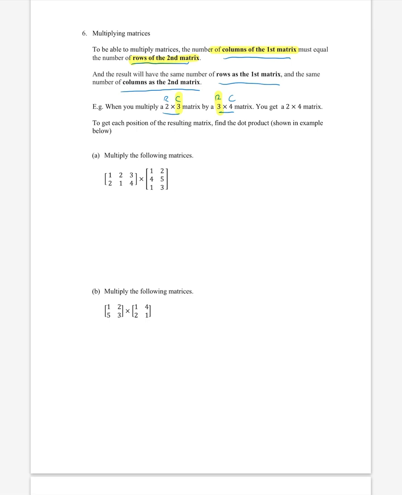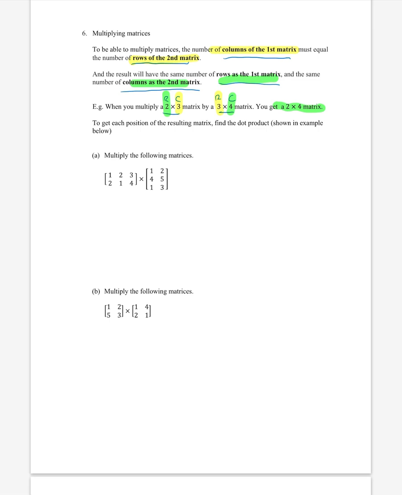And now, what's our resultant matrix going to be? Well, it's going to be the rows of the first matrix and the columns of the second. So we're going to get a 2 by 4. That's the result. Now, in order to find each position in our new matrix, we've got to find the dot product. And we'll show you how to do that in the example now.